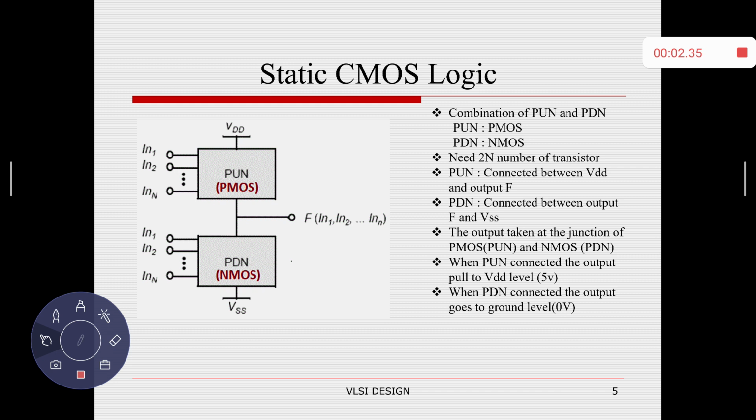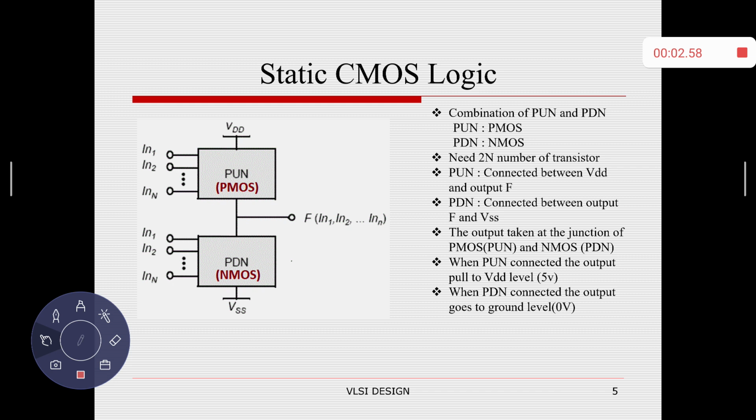PMOS needs the maximum voltage since positive ions dominate over negative ions, whereas NMOS has mostly negative ions dominating over positive ions. That's why NMOS is connected to VSS.